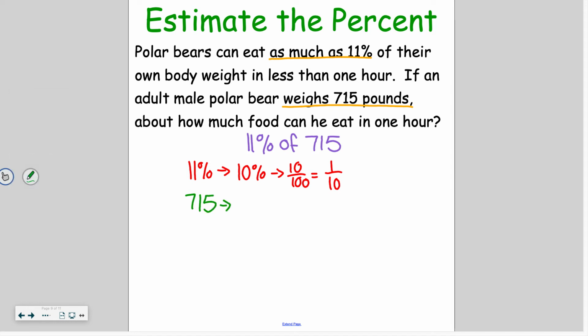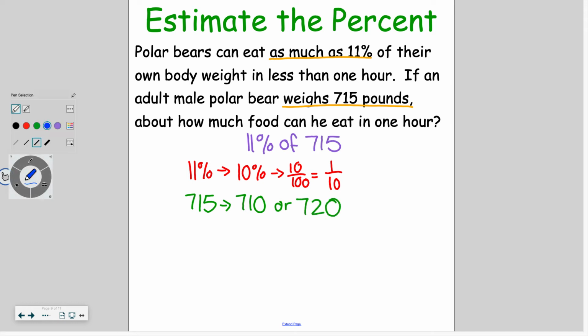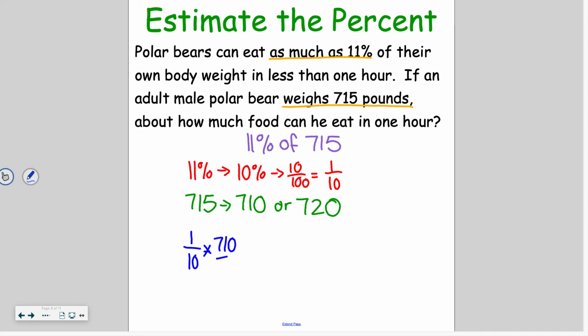So one option would be to change it into 710, or the other option would be to change it into 720. If we pick our first option and say 1/10 of 710, so 1/10 times 710 over 1, our cross reducing is going to give me a 1 and a 71, which would give me an answer of 71 pounds of food. So that would be our first option.